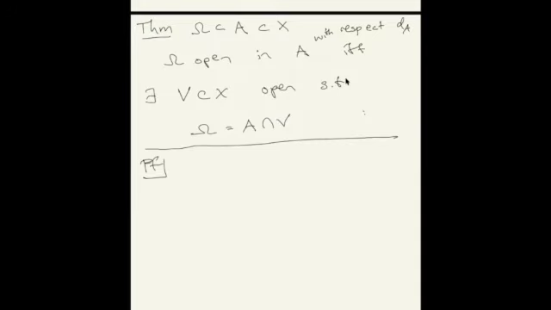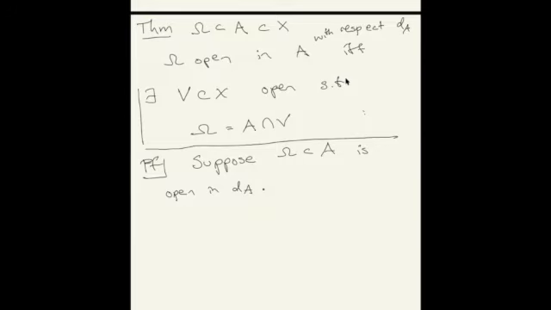So this proof has two directions. Suppose omega, a subset of A, is open in dA, and we want to reach the conclusion. So we want to find a V. Now this is a little bit tricky, but we can combine facts that we have proven in other videos.